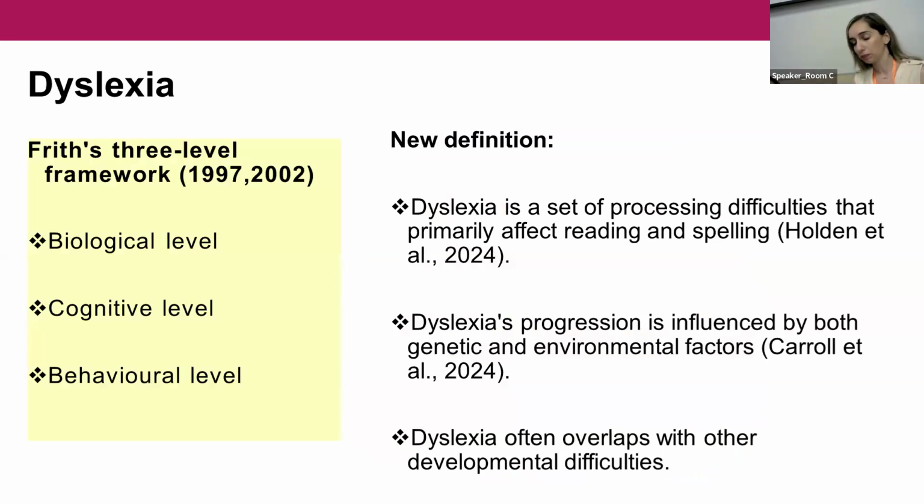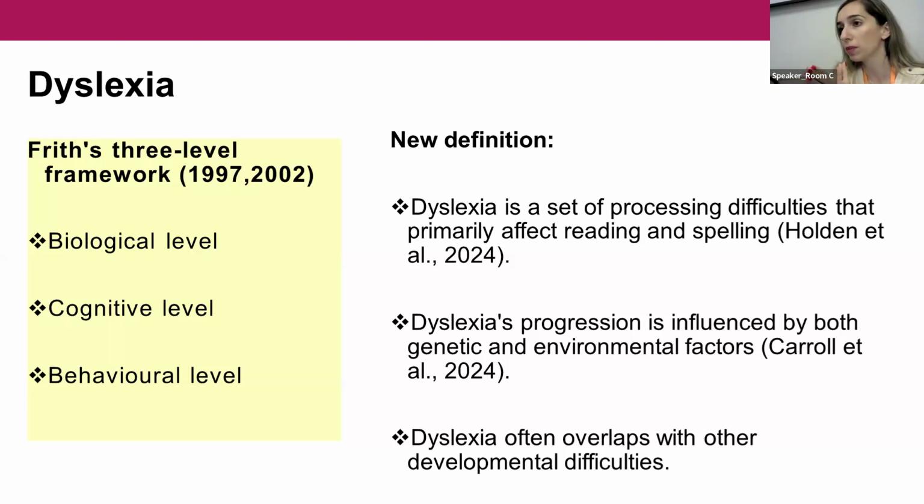Let's talk about dyslexia. I have approached dyslexia via a holistic lens. I have adapted a three-level frame, according to which dyslexia is perceived at the biological, at the cognitive, and at a behavioral level. The biological is about the genetic and neurobiological factors.